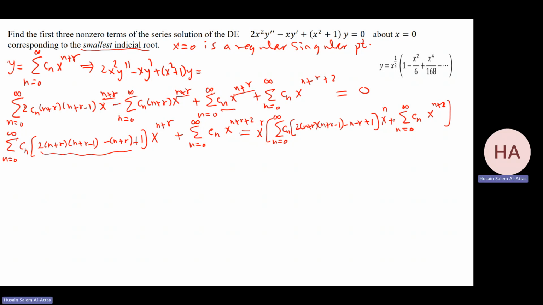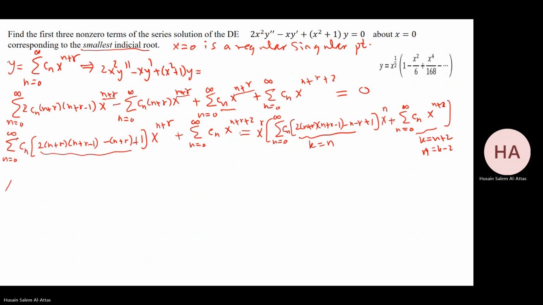Okay, what to do now? If I change it into k, I have k equal n here, and here I have k equal n plus 2, so n equals k minus 2. So it starts from 2 in here. Let me do it and see what will happen.